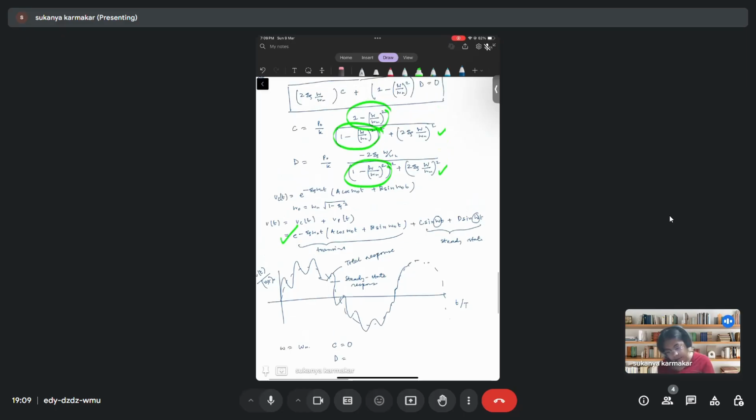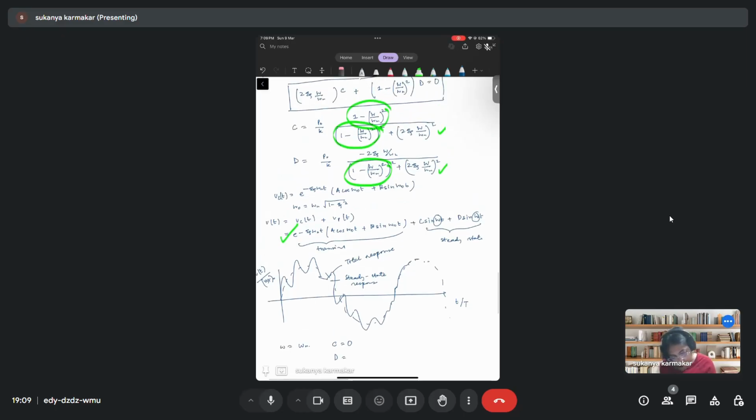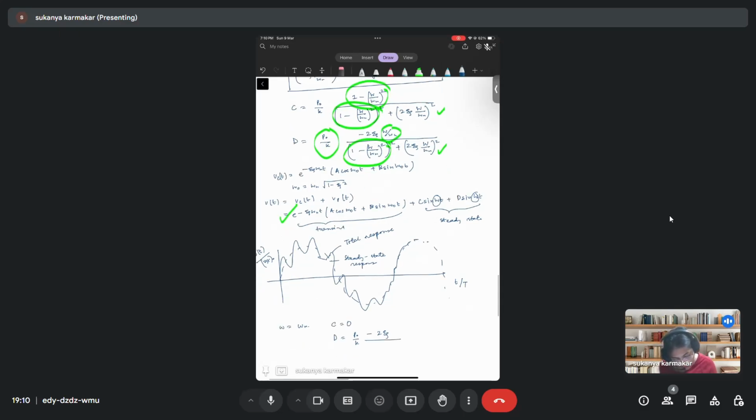D will have p naught by k from here, then minus 2 zeta, omega by omega n is 1, and again in the denominator you will have 2 zeta omega by omega n whole square, so you will have minus 2 zeta whole square.